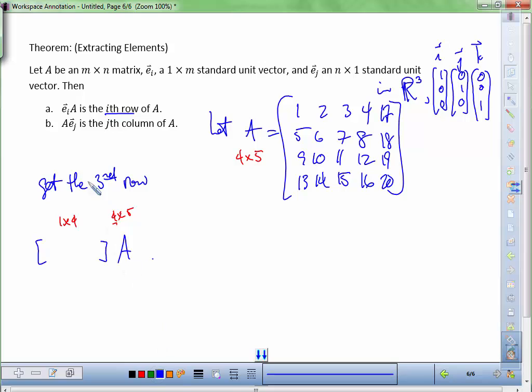So if I want to extract the third row, I would have 1 in the third spot and 0 everywhere else. I would have 4 elements in this vector slash matrix now. I want to write it as a row matrix. Okay?